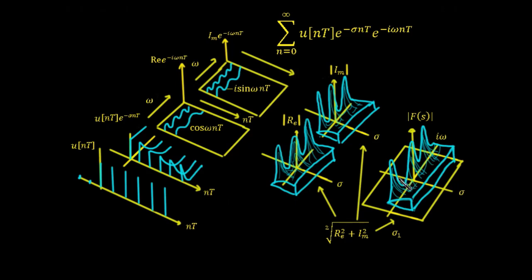So we only need to integrate over one of these periods in order to reconstruct the signal. So given that, let's go and have a look at the mathematical equations that define this.